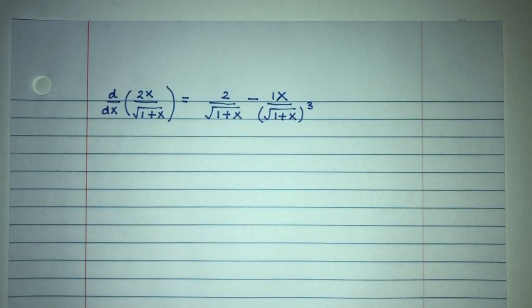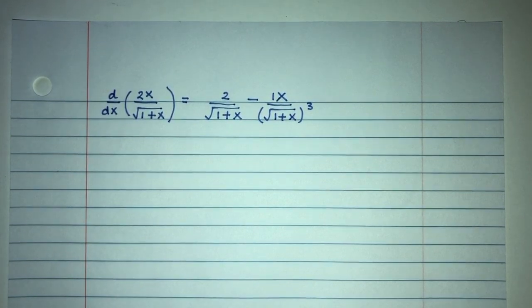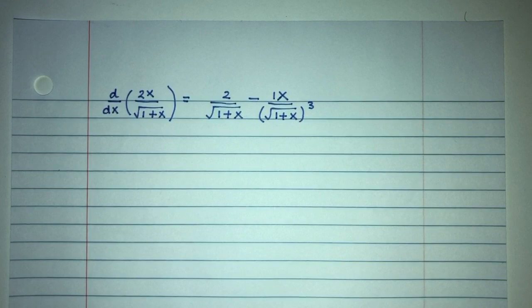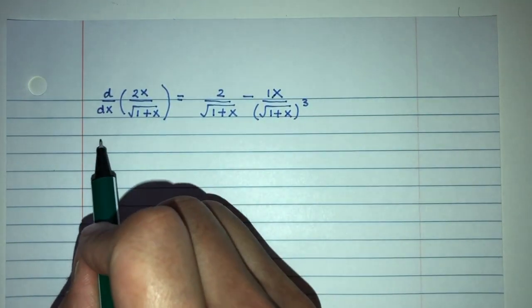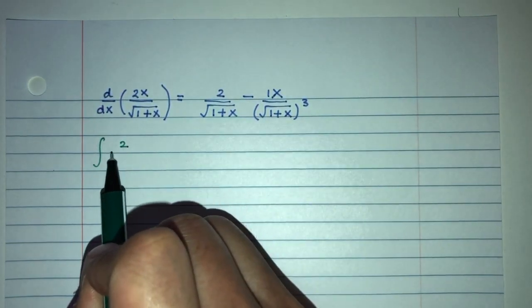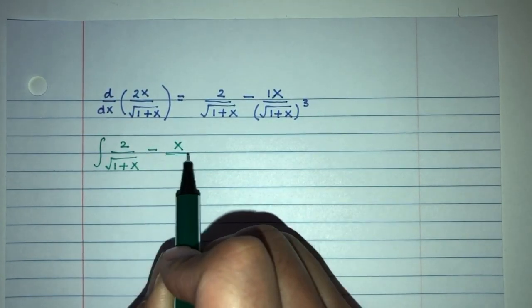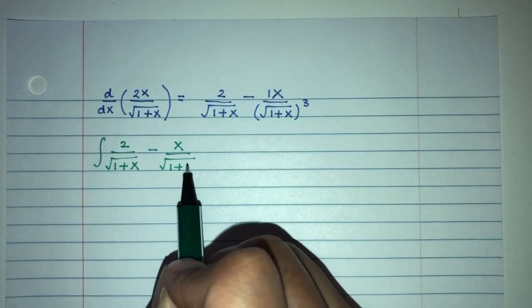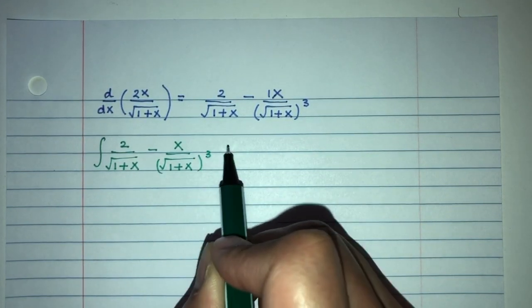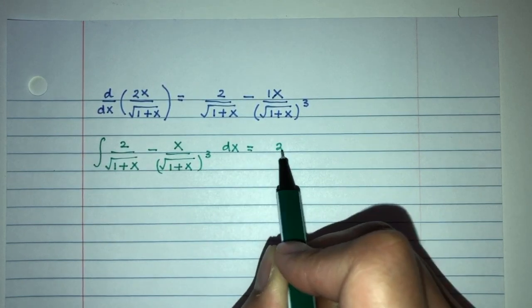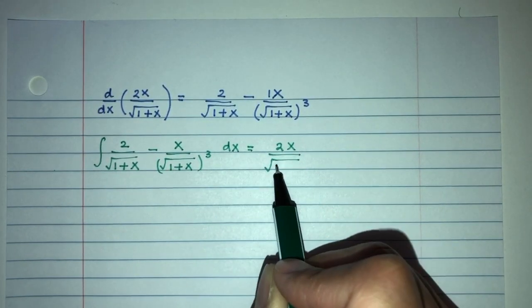But now, we know that integration is the reverse process of differentiation. So what it means is, if I were to integrate this side, 2 over root (1 plus x) minus x over root (1 plus x) cubed, I'm supposed to get back the same value, which is this over this.